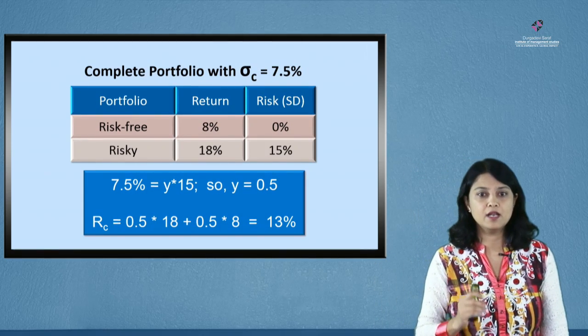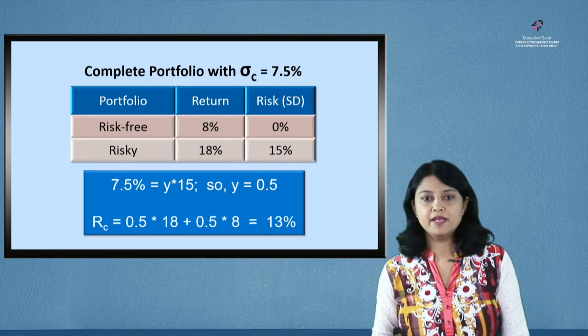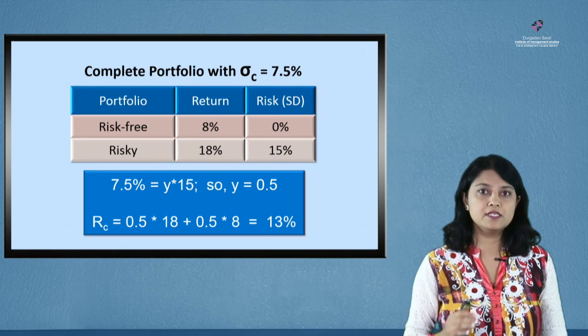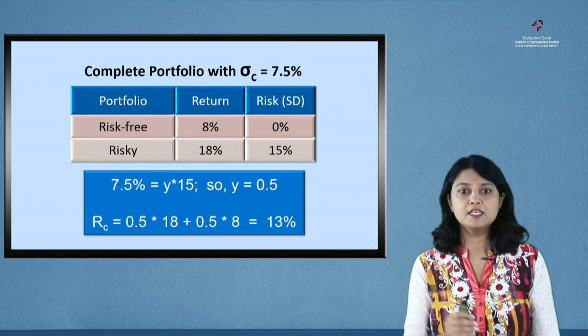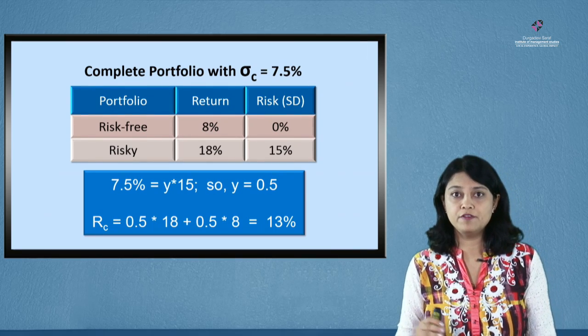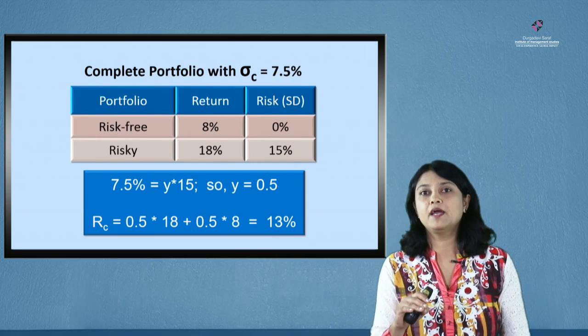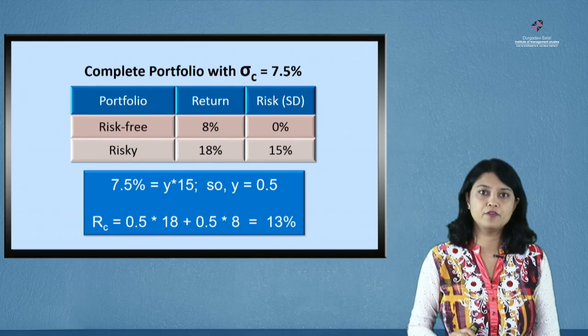Okay, let's calculate. In the same way, if I put into the risk formula, sigma C, that is 7.5%, is equal to Y proportion, we don't know Y here, multiplied by 15, which is the risky portfolio's risk.